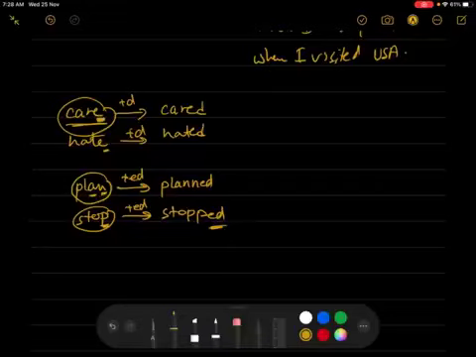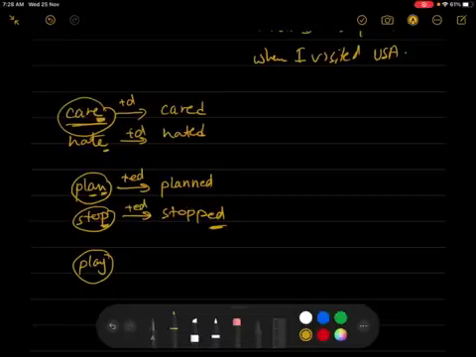So what about if the verb ends with a y or w, as we saw in the present continuous? Like, for example, play. That's a verb with one syllable, short pronunciation.